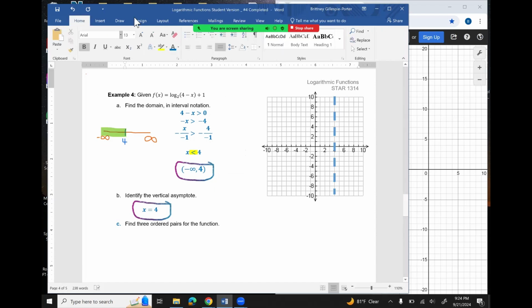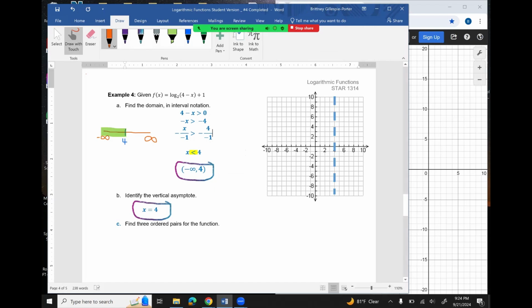And you can even label it because you need to get used to doing that. So we would have x equal to 4, because that is our vertical asymptote.